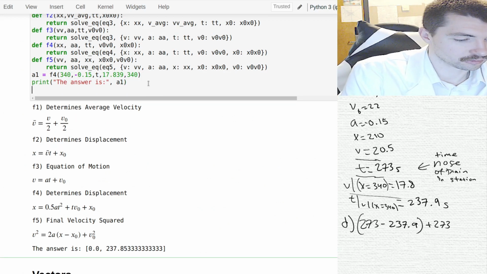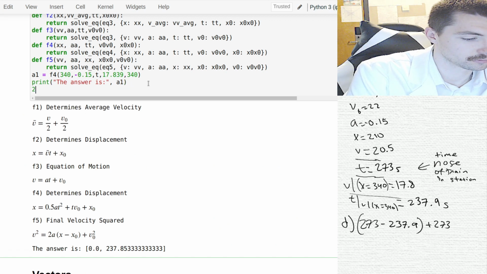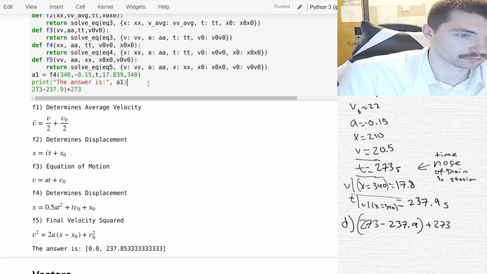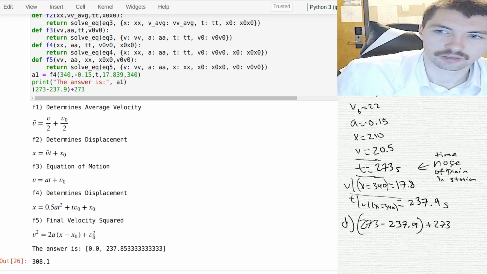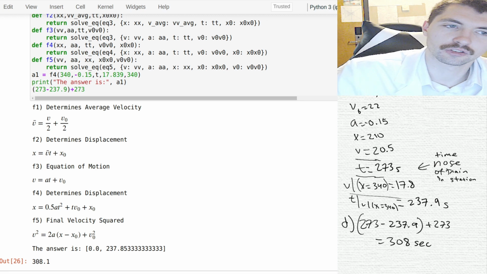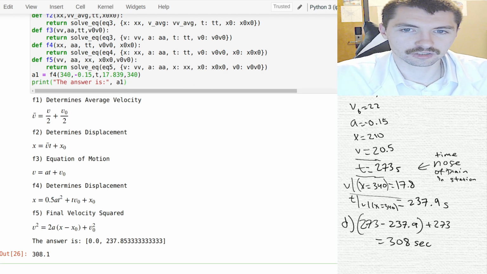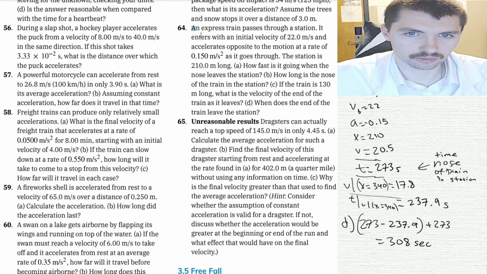Okay, so 273. So after 308 seconds, the end of the train should leave the station. So that's a lot to put together.